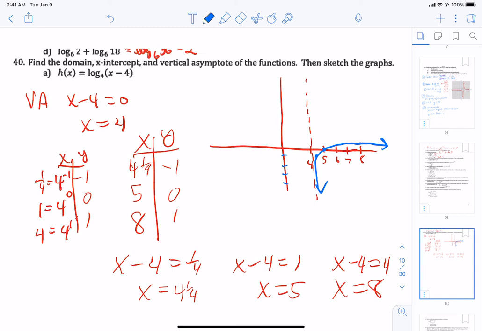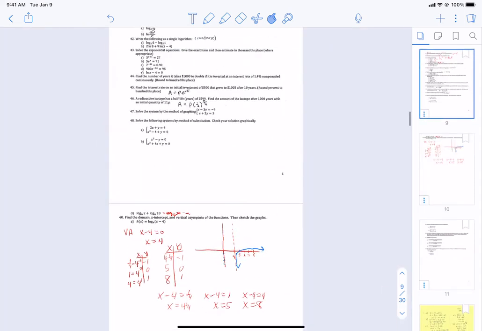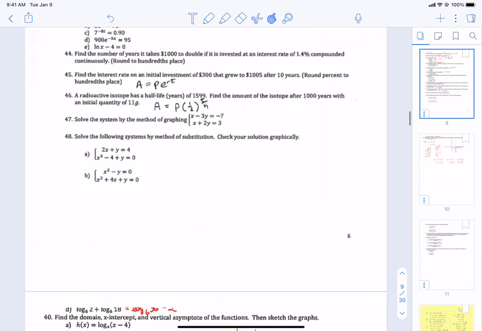They're kind of strange functions, but think about it as an exponential function lying on its side. You know, if I could turn that page over, it would look like an exponential. So there you go. There's a graph of a logarithmic function. So remember, an exponential function has a horizontal asymptote, where a logarithmic function has a vertical asymptote.